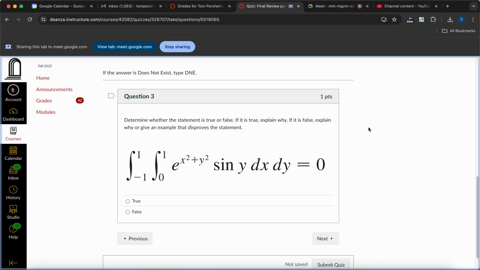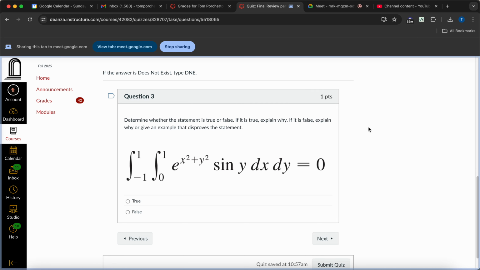In here, the question is asking if the limit is going to be 0. So first we try to simplify the limits, and then I separate them into the integral for y and the integral for x.